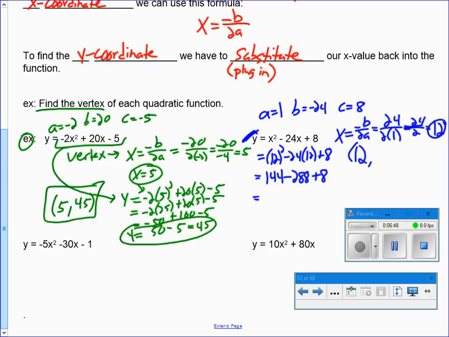Now do subtraction and addition: 144 minus 288 would be negative 144, plus 8 would make negative 136. That would be our vertex.